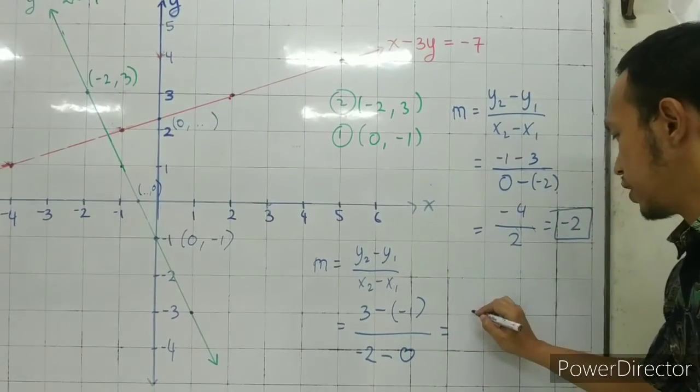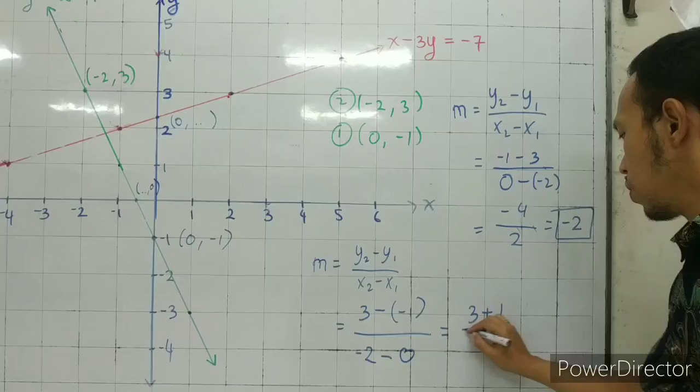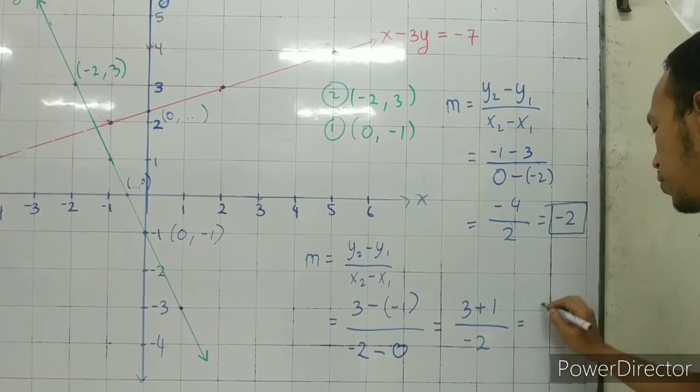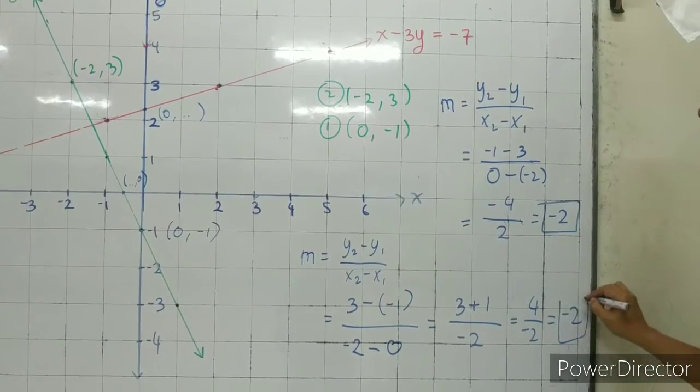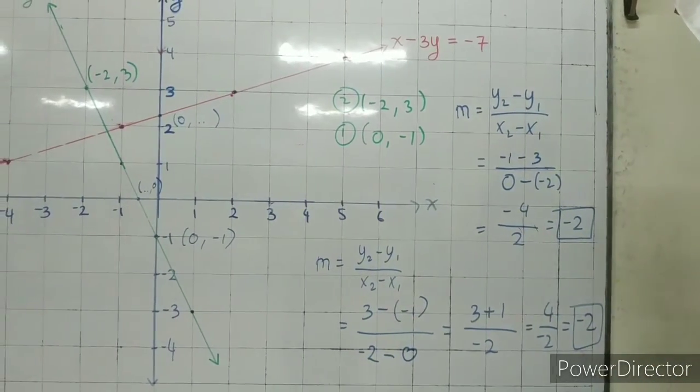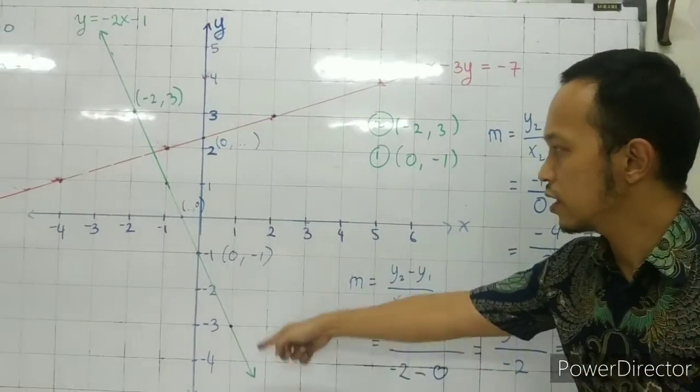So it is -4 over negative 2, which equals negative 2. So in the end, you know that the gradient or the slope of the green one is negative 2.